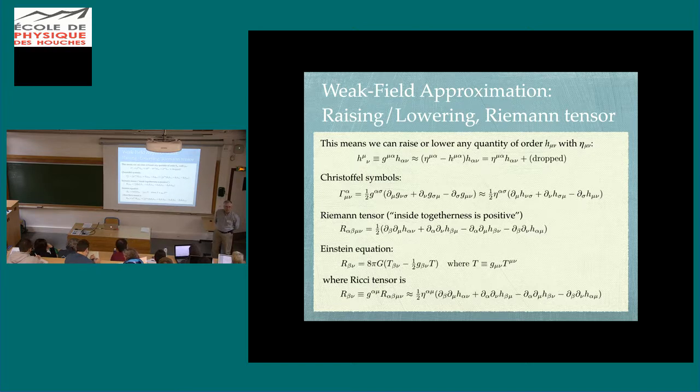Yeah, it's just like it was in the locally inertial frame, except that we remember that only the h parts vary. So you can use the same mnemonic there that you would use in the locally inertial frame. And the Einstein equation becomes this, okay? And the Ricci tensor then becomes this, which is just taking the Riemann tensor and summing over the two indices that you need to sum over. And now I want you to notice that the Ricci tensor is of order h, right?